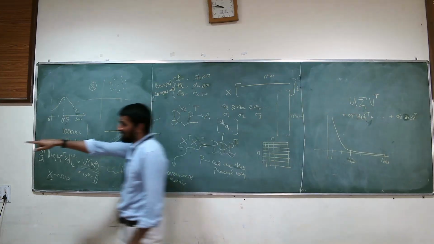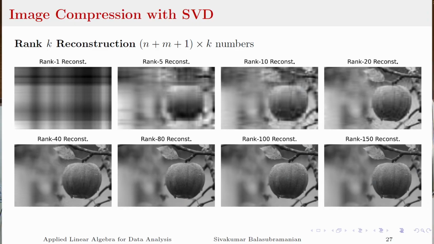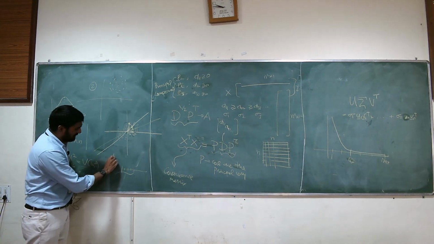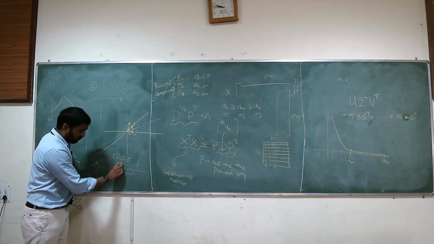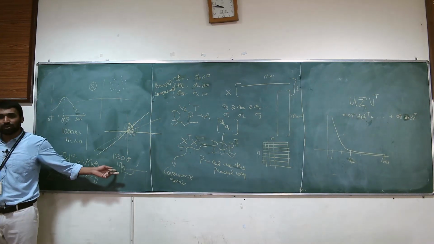You already start to see that, at least visually, the picture is not as good as the first one, right? And once you get to about 150, it's nearly indistinguishable, at least for the human eye. So what this means is, even though to store this picture you had to use 1028 cross 1880 pixel values, what the SVD has told you is that with just 150 singular values you can essentially store the entire image.